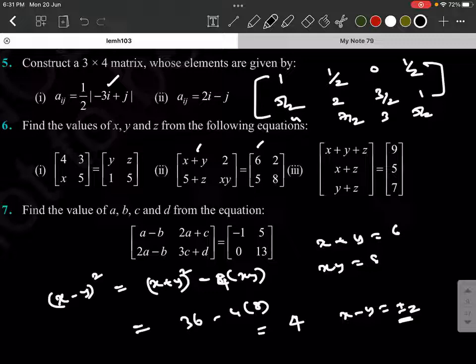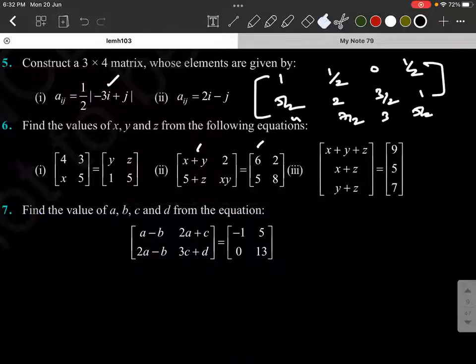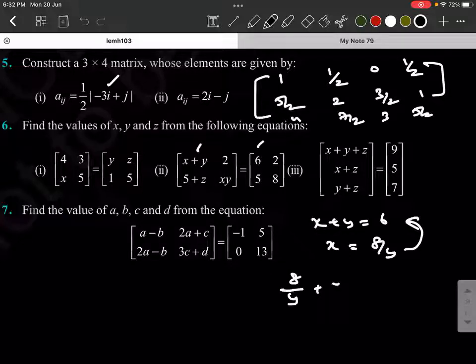Sir, in the before sum, we can directly use xy is equal to 8, so x is 8 by y. Then yes, you can substitute that. x is equal to 8 by y. Take this and substitute it here: 8 by y plus y is equal to 6.